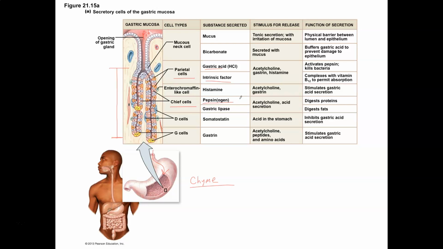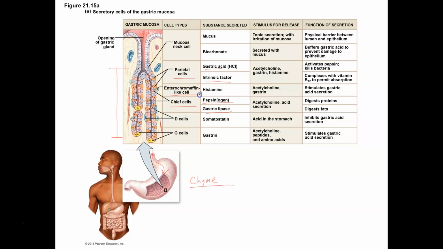Another thing that chief cells produce is gastric lipase, and gastric lipase is used in fat metabolism. That's actually more important usually in your infancy rather than as you become an adult. We produce lipases in our pancreas that are going to be adequate for lipid digestion as we get older.